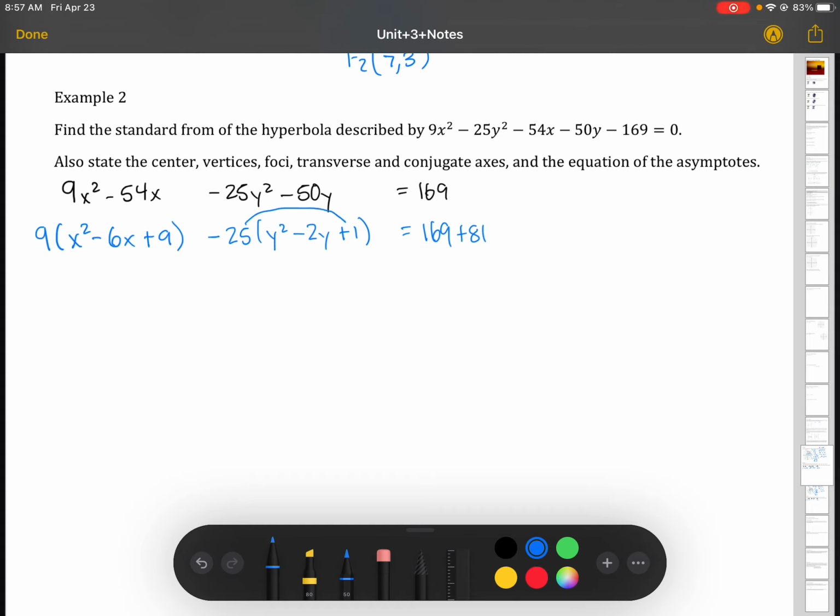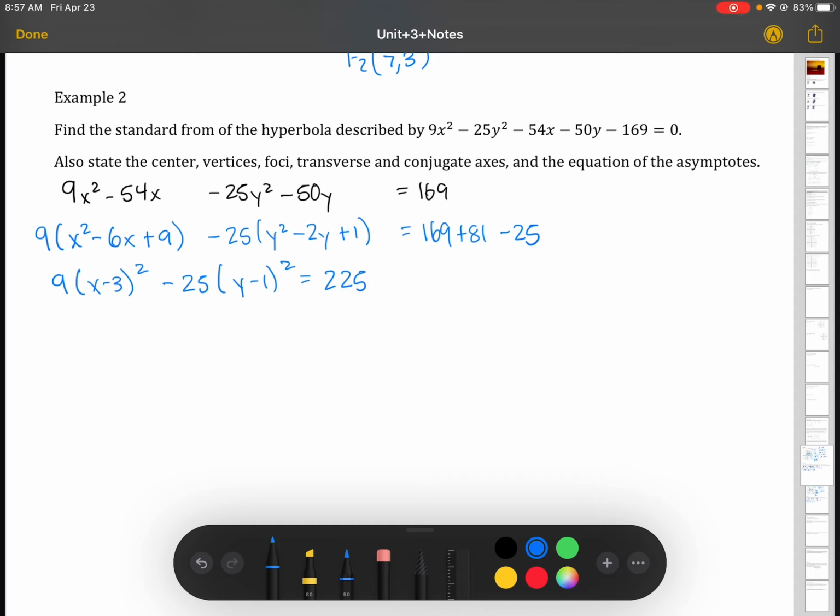Which means we need to subtract 25 on the right side. So on the left, we get 9 times x minus 3 squared minus 25 times y minus 1 squared is equal to, so that's 250 minus 25, which is 225.